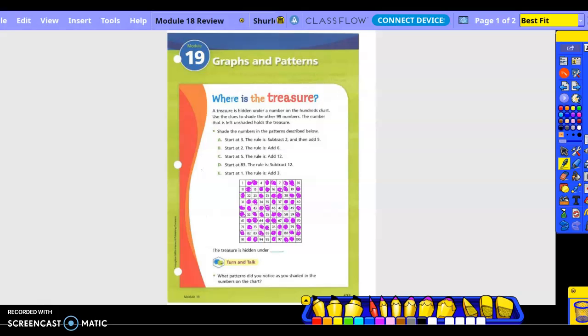Okay, start at 83. We realize subtract 12. So what's 83 minus 12? 71. 71 minus 12 is 59. So basically, guys, what you could also do is go back to 61, that's 10, right?